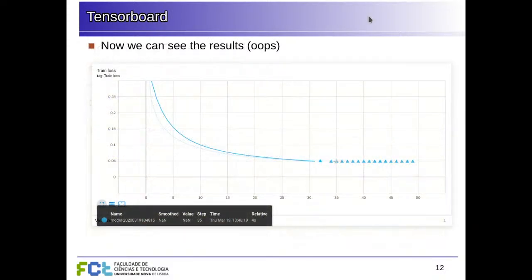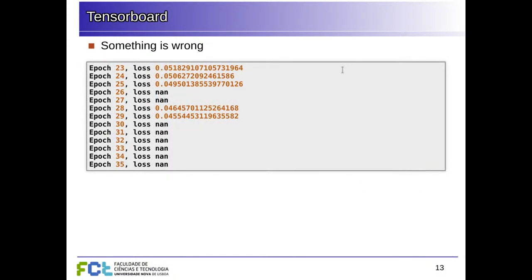And then we can go to TensorBoard while our model is training and look at the graph, and you can actually see the graph appearing, and in this case we can see these problems here. So we have values here that are not a number, so we have some problem happening in our training. This is the loss function, and then it starts getting not a number in the epoch.